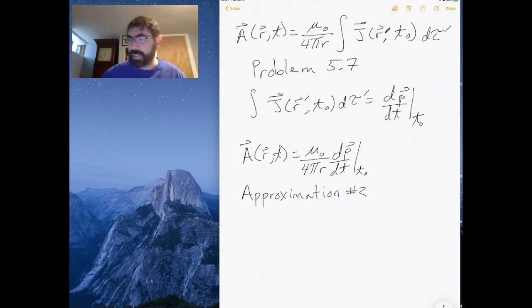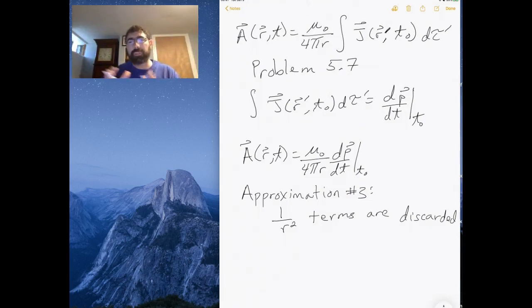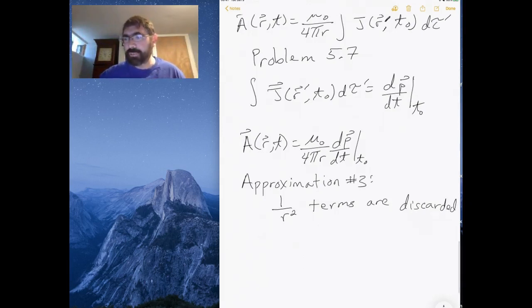Number 3, which is that any 1 over r squared terms are discarded. We're going to invoke this idea that we're going to be very far away from the source when we measure the fields. So what we can do now is calculate the gradient of the electric potential.